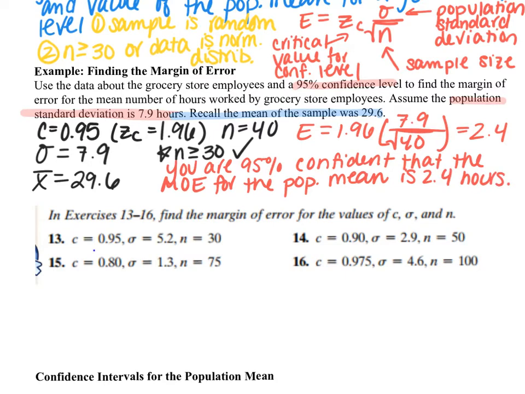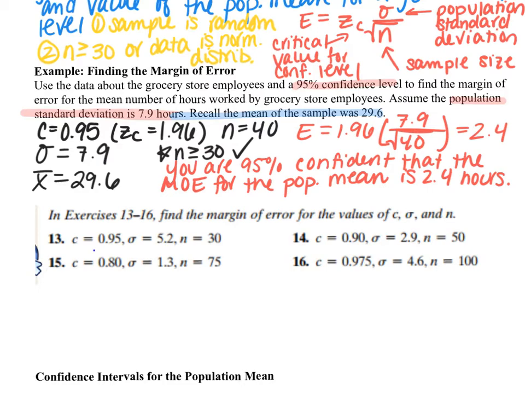Okay, so what does that actually mean? That means that we're 95% confident that the population mean is somewhere between 2.4 hours less than our sample mean or 2.4 hours more than our sample mean.